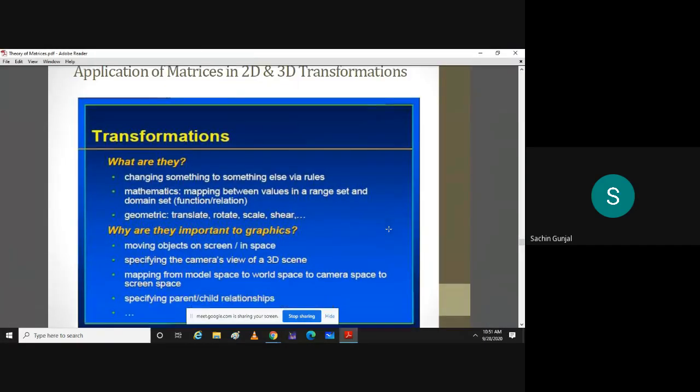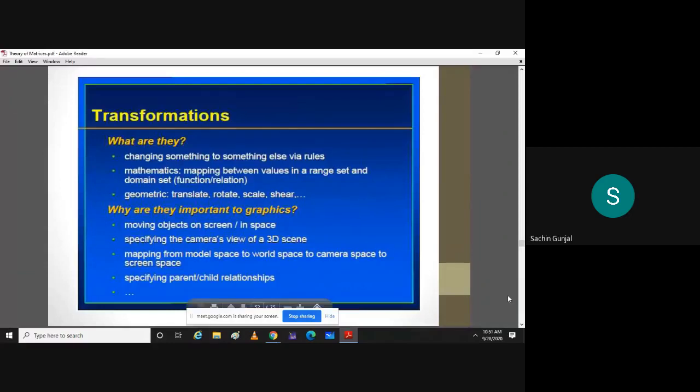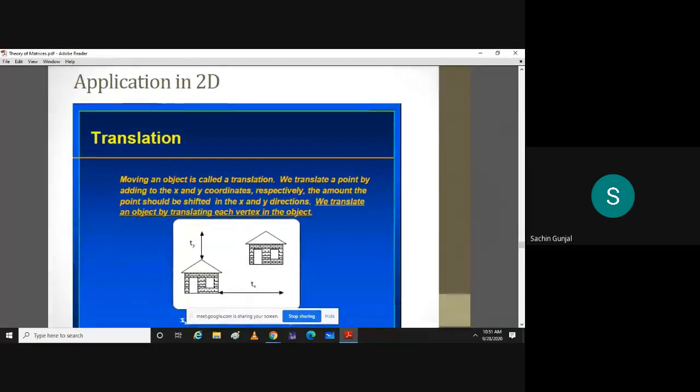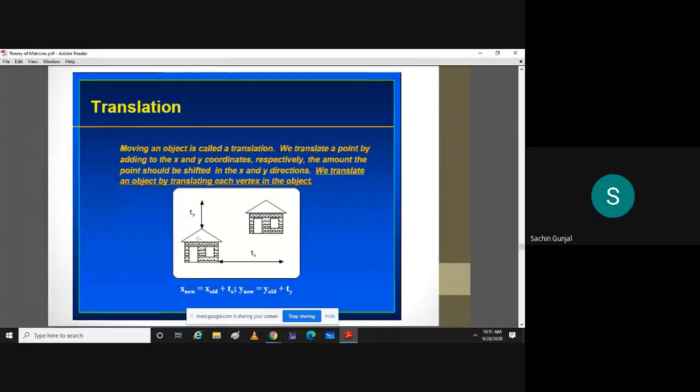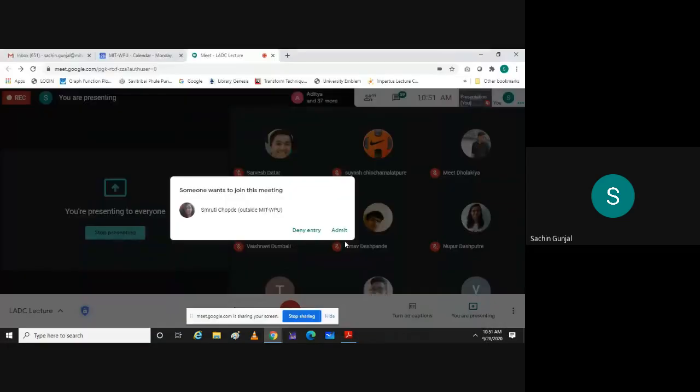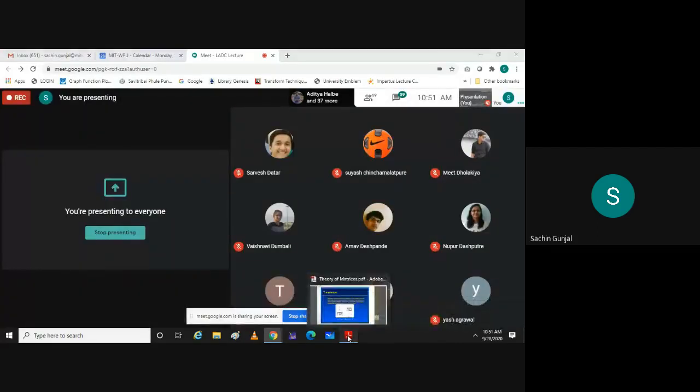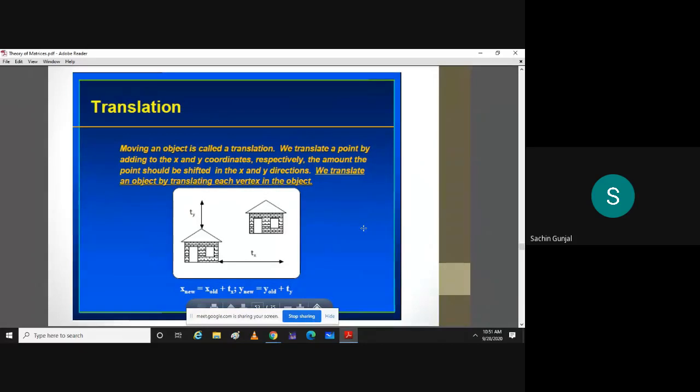Applications in 2D. First is translation of a vector. x old, y old is a given vector.